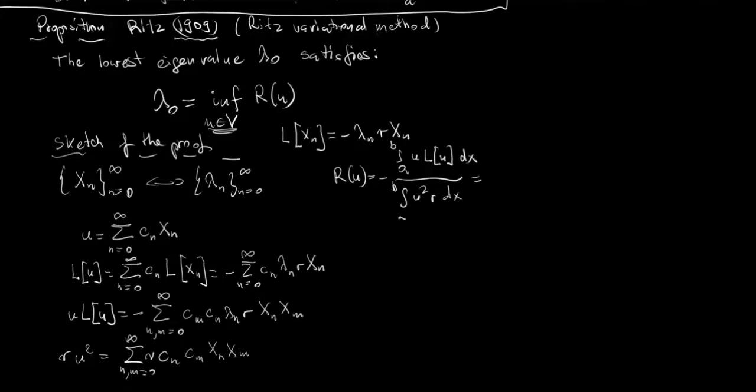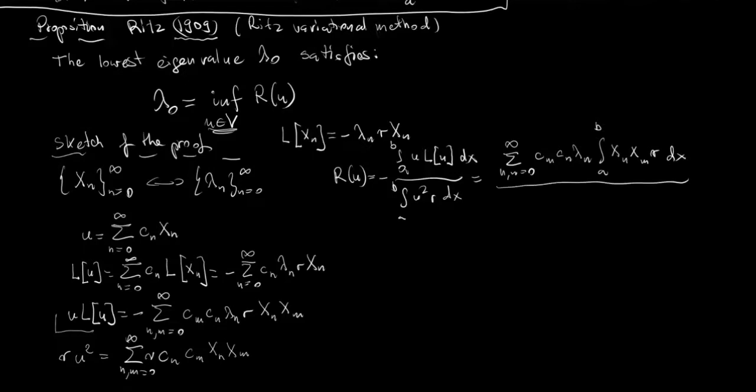And now when we insert this with the minus, we will get the sum over n, m from 0 to infinity of c_n c_m lambda_n, these are constants. Now there will be the integral from a to b of x_n x_m r dx.